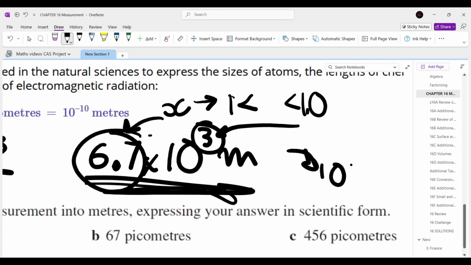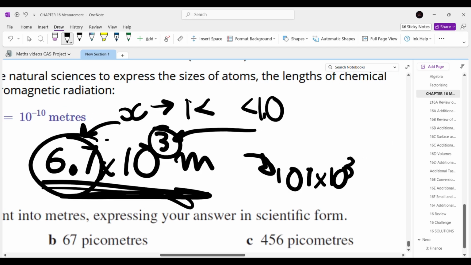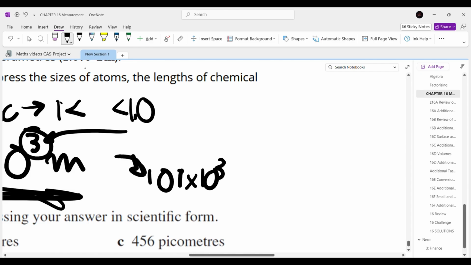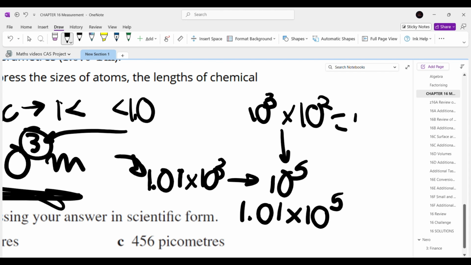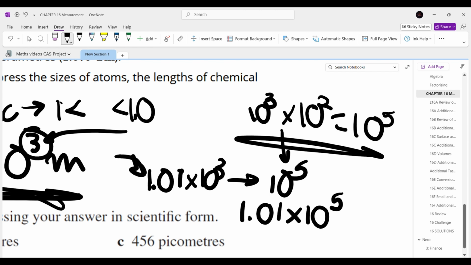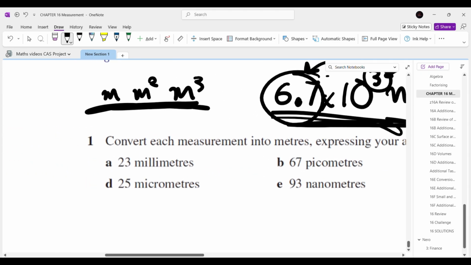So you can't have something like 101 times 10 to the 3 meters. What you would do is put a decimal point right here, so you're dividing this by 10 to the 2, so you multiply this back into here, and it becomes 10 to the 5. So it would just be 1.1 times 10 to the 5, because 10 to the 3 times 10 to the 2 is just 10 to the 5. I hope this makes sense.